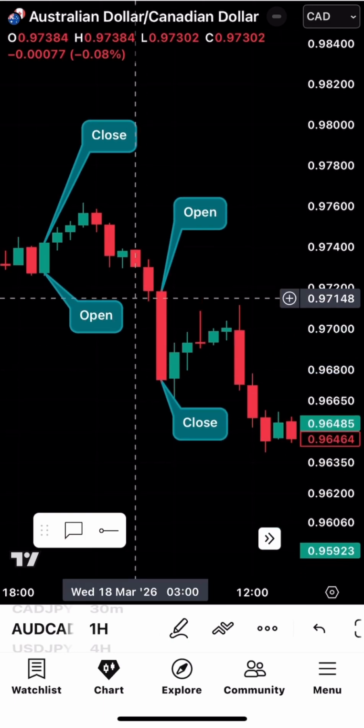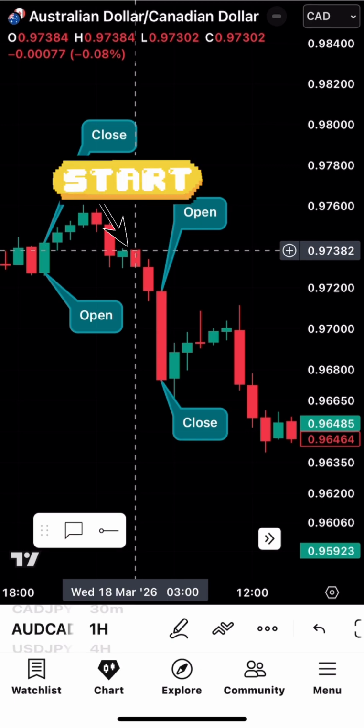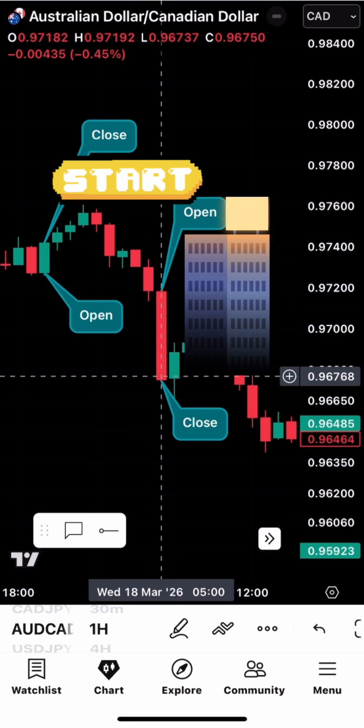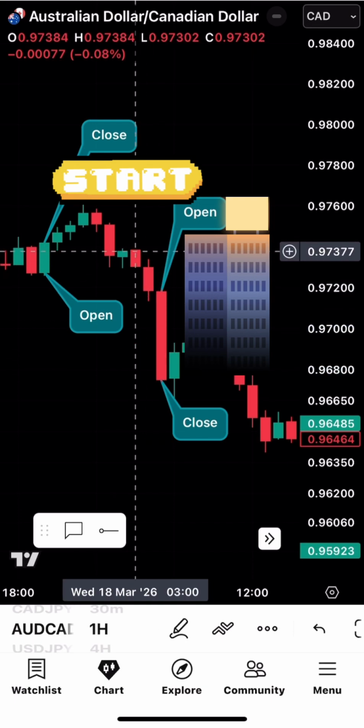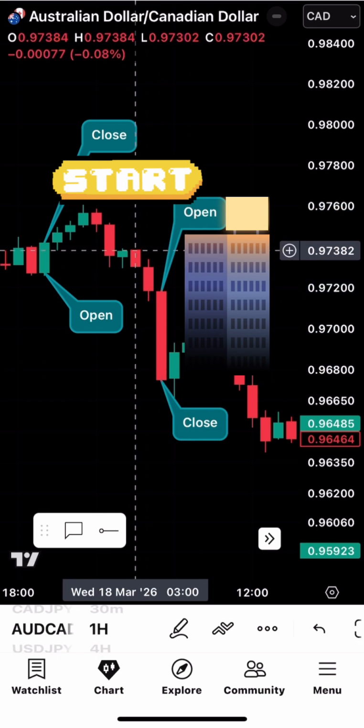So I want you guys to imagine you are right here, right? Again, we're looking at a bearish candlestick that's red, so the opening would be here, right? You are on the 15th floor and you want to get down to the first floor, right? Let's pretend that there's an elevator right here and you need to get down here, just as an example, okay? Now, in order to get down here, are you going to go up or are you going to go down, right?